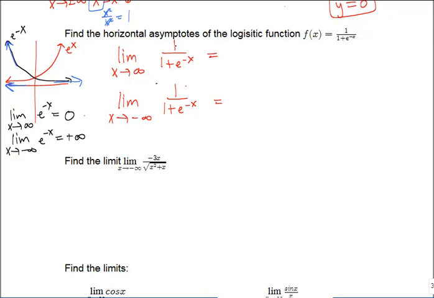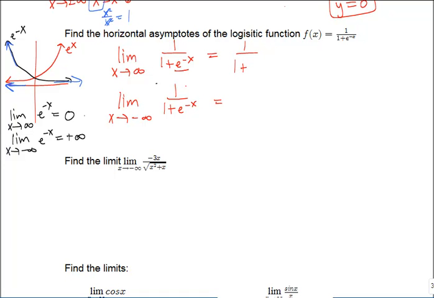So when I have this quotient, remember the limit of a quotient is the quotient of the limits. The limit of a sum is the sum of the limits. So to find this limit, I'm just going to take the limit of each of these 3 pieces. And the limit of 1 on top is going to just stay 1. The limit of 1 on the bottom is going to stay 1 because the limit of a constant is a constant.